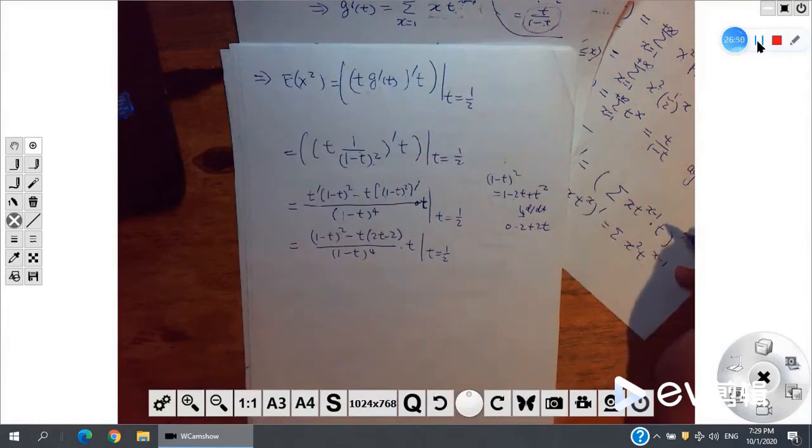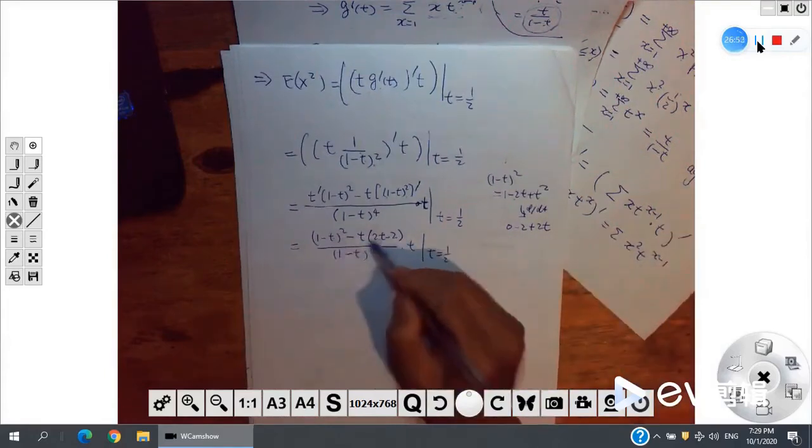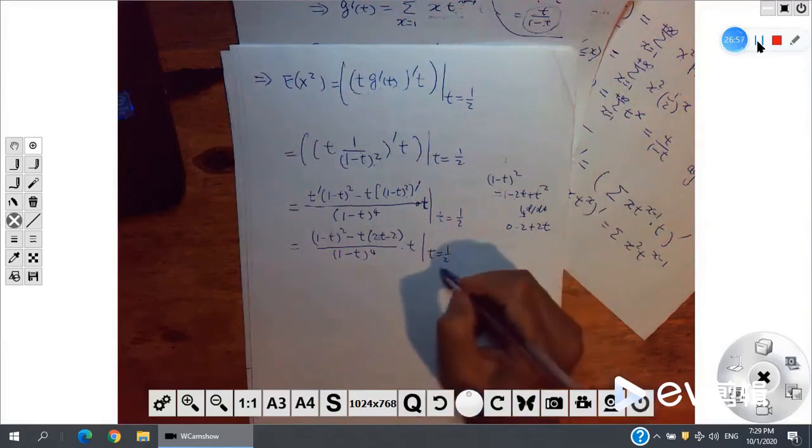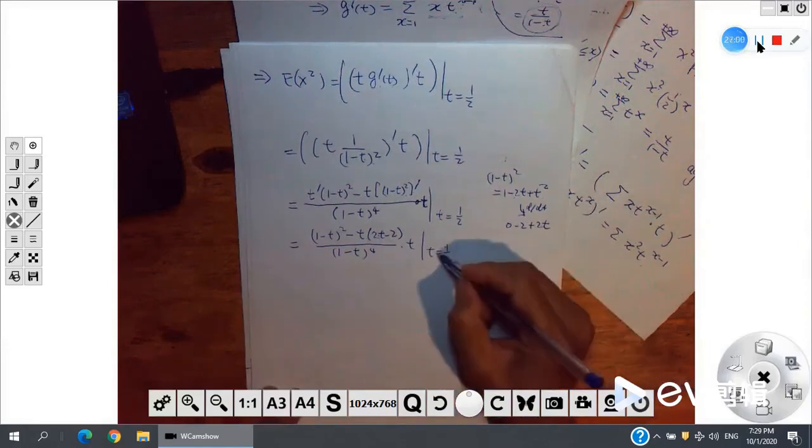If you want, you can simplify the numerator, but I don't think that's necessary. You just plug in t, then you have the value.